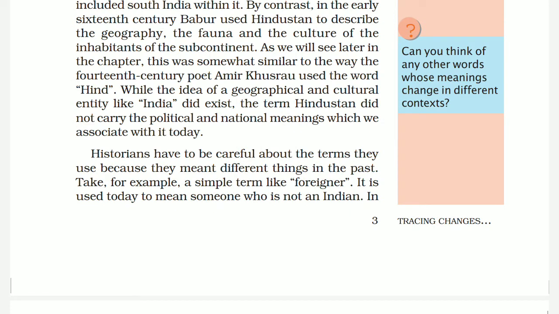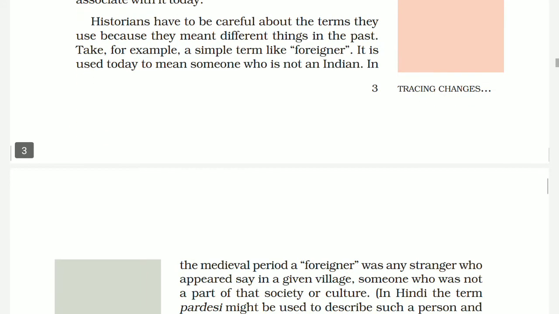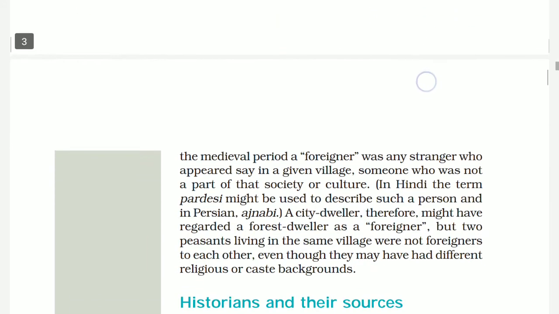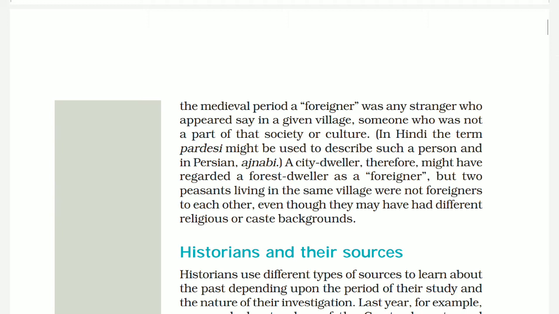Another example, a term like foreigner. It is used today to mean someone who is not in India or not an Indian person. In the medieval period, a foreigner was any stranger who appeared, say, in a given village, someone who was not a part of the society or culture.